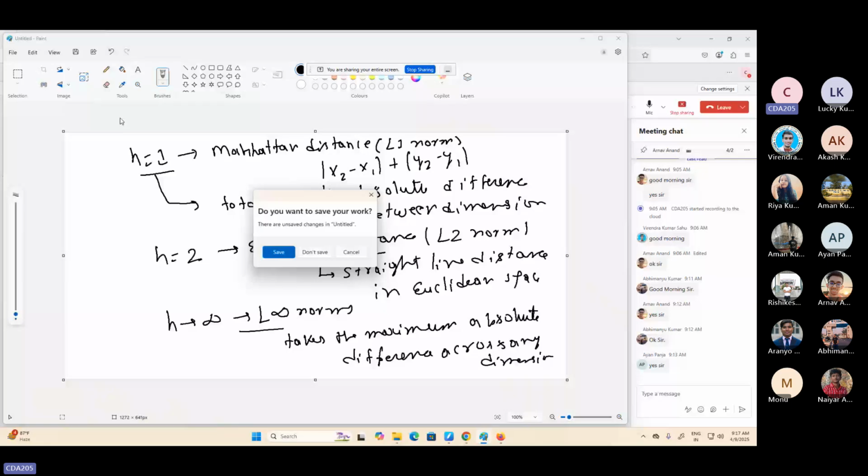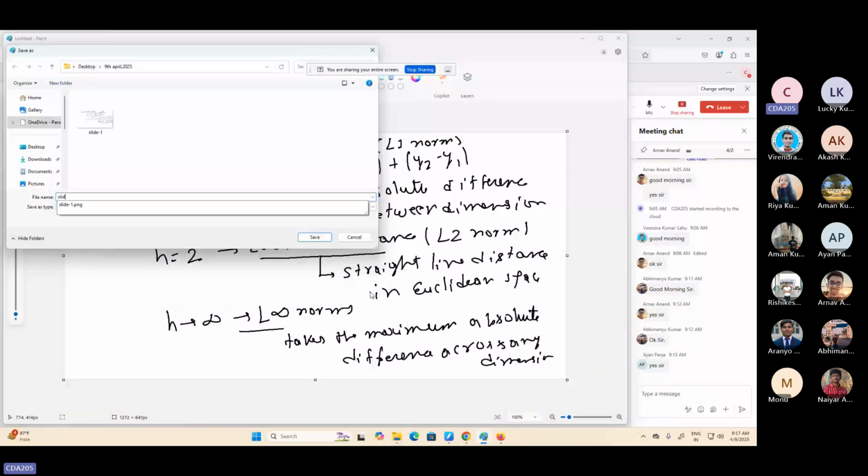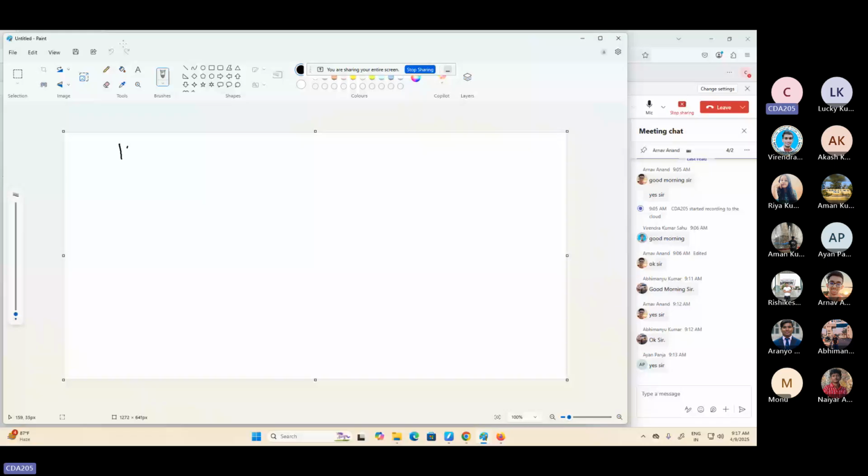The question arises: how to choose h. So next we can see how to choose h in Minkowski. That is the main important thing you have asked from me, so we are focusing on this. Okay. First we have to decide the problem context. It means that on the basis of the problem we have to find the h.